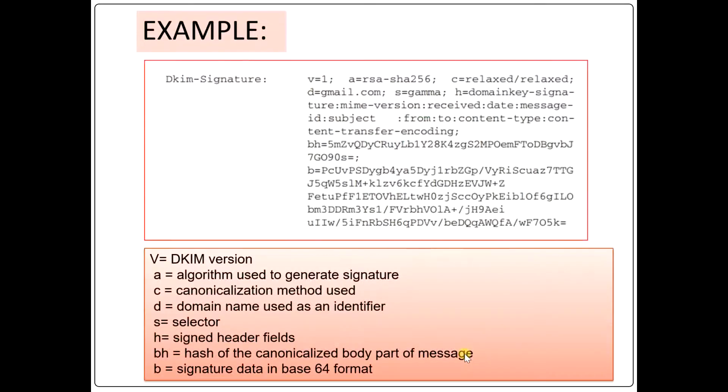Let us look into an example of an RFC 5322 message with the header keyword DKIM-Signature. Before a message is signed, a process known as canonicalization is performed on both the header and the body of the RFC 5322 message.